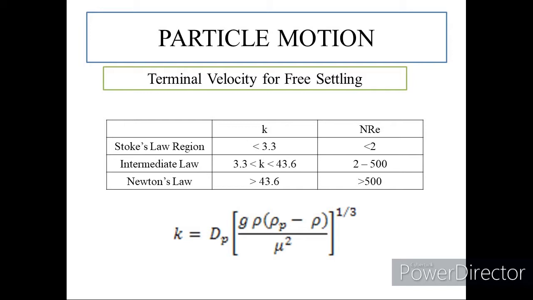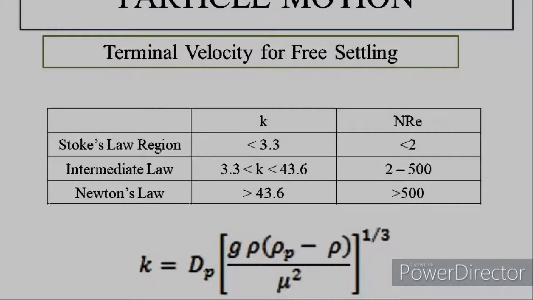So we need to identify first the value of our K or the value of our Reynolds number in order for us to know what formula we will be using in solving for the terminal velocity of a free settling period.